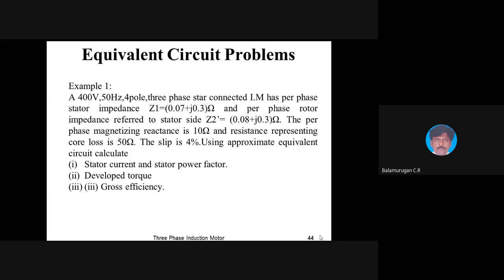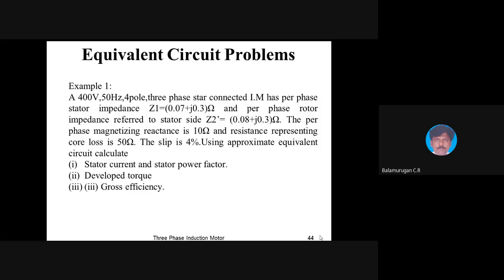So what is the expression for stator current? From the equivalent circuit, the input will have I1, then we have a no load current, then we have a rotor current, which may be I2 dash or I2 double dash. This input current will be divided into I0 plus I2 dash.